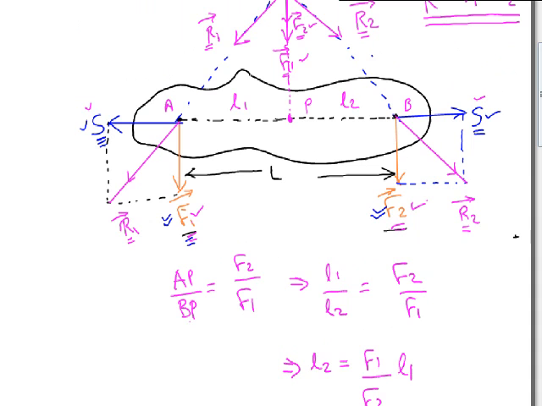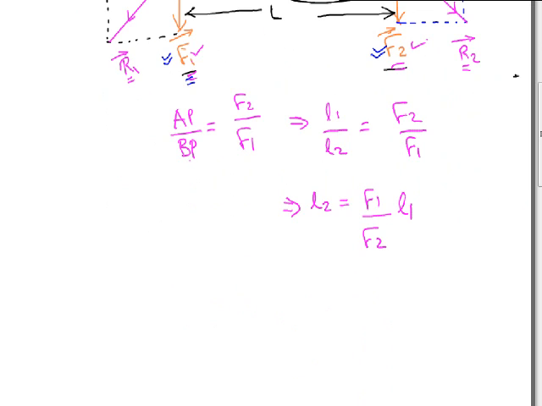Further, we can see that L1 plus L2 is the distance between the forces. So we can write L1 plus L2 is F1 by F2 L1.